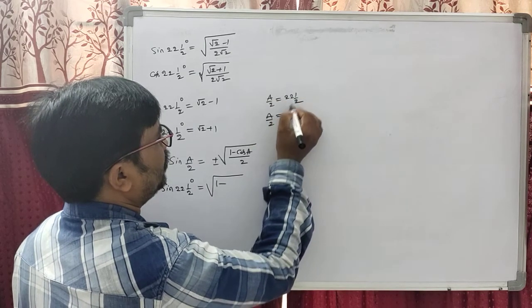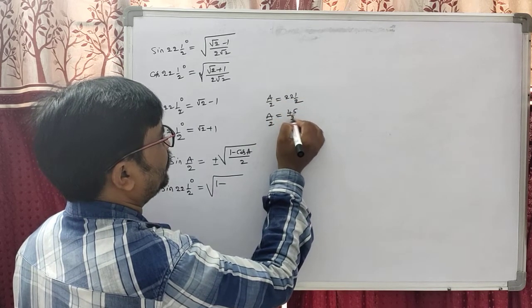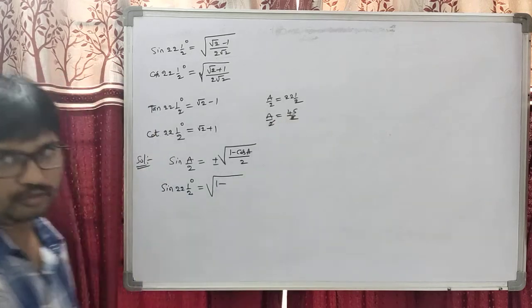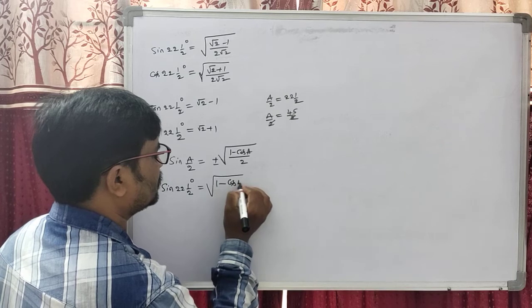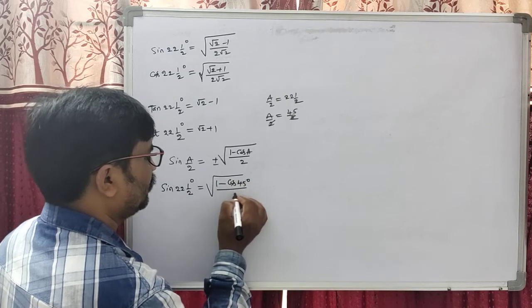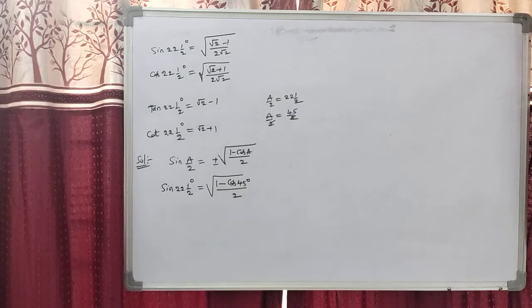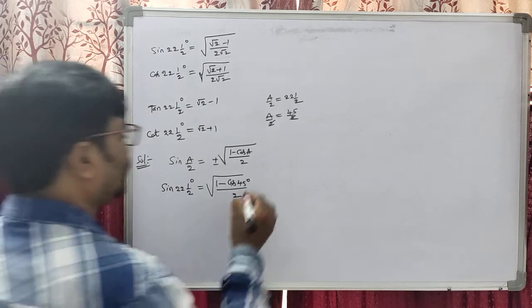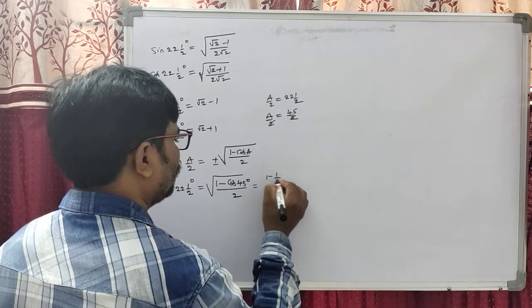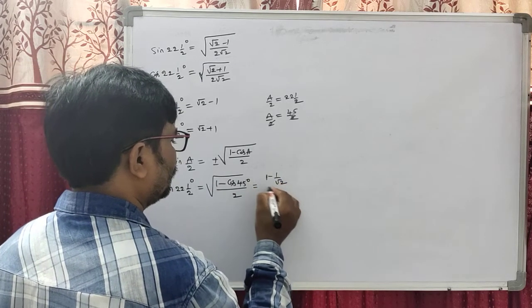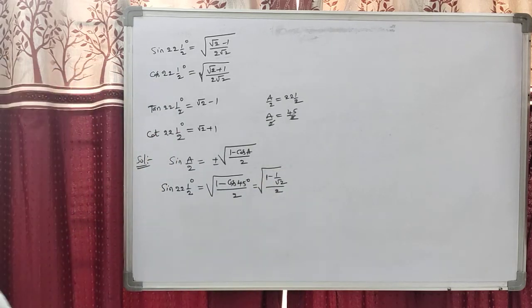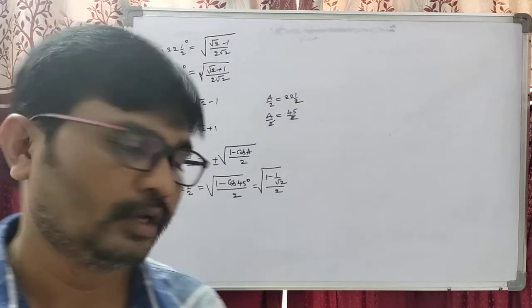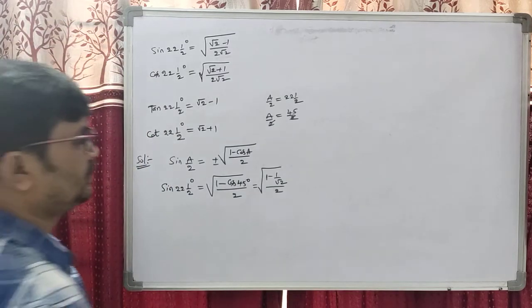Therefore, dear students, A/2 equal to 22.5 degrees, A/2 equal to 45/2, A equals 45. This is the cos of 45 degrees. Now the value of cos 45 is 1/root 2, so we have root of (1 minus 1/root 2)/2.